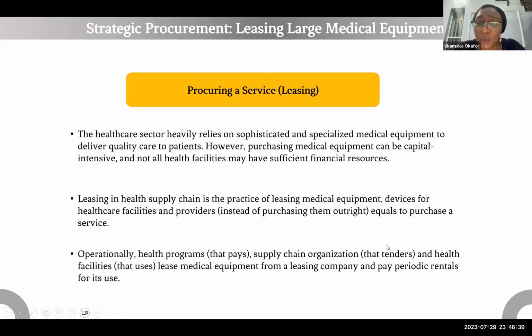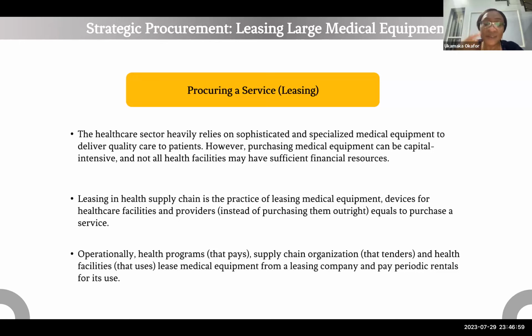However, purchasing medical equipment can be capital intensive, and not all health facilities may have sufficient financial resources. So leasing in the health supply chain is the practice of leasing medical equipment and devices for healthcare facilities and providers instead of purchasing them. So leasing is not outsourcing.